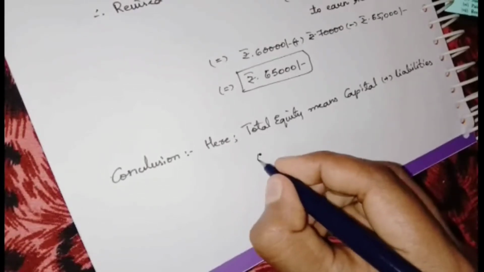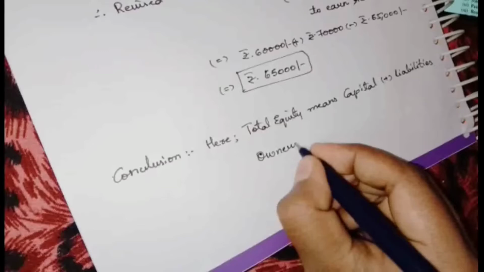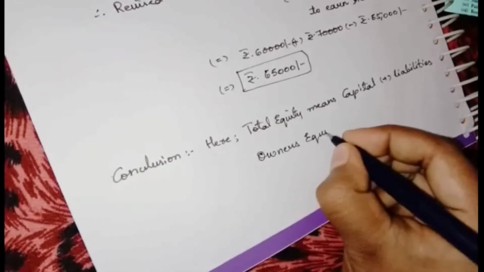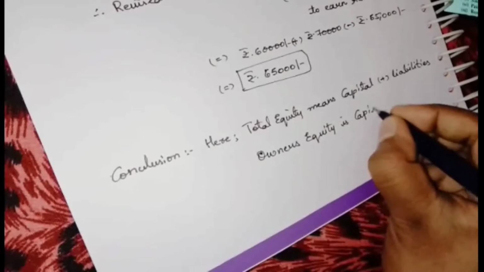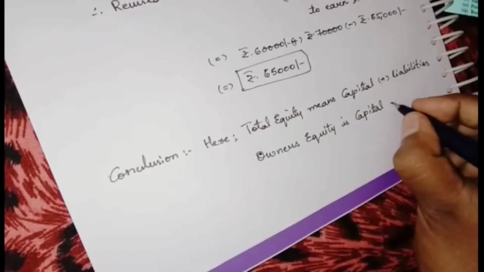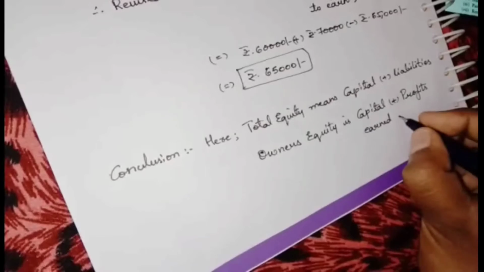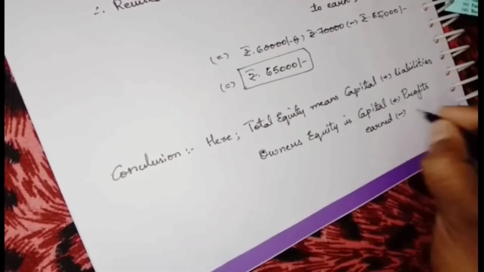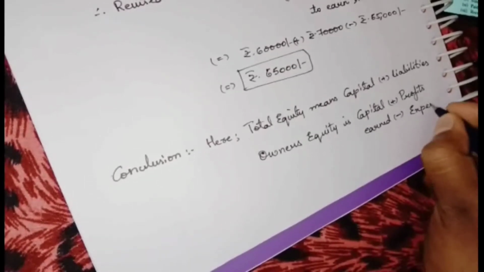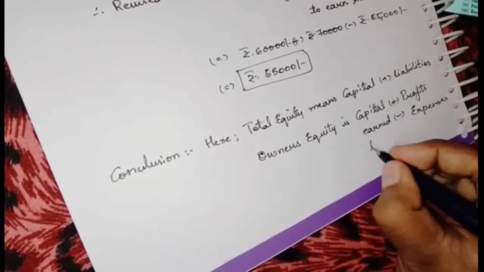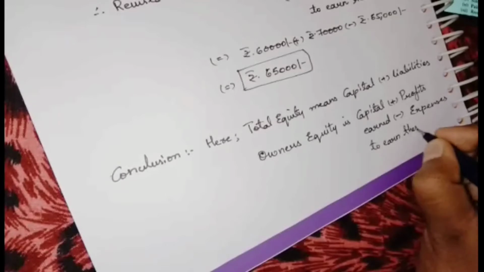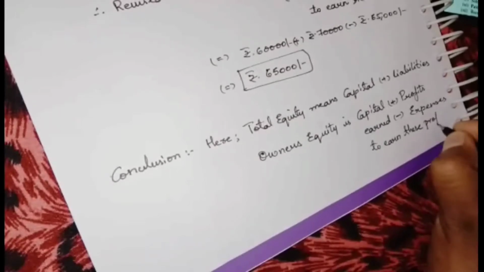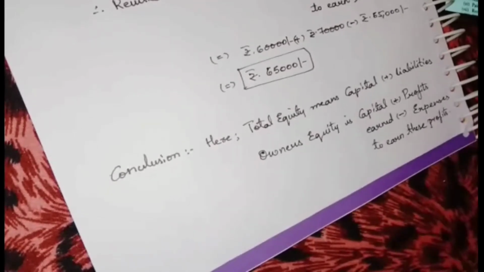And out of this total equity, the owner's equity part, that is the capital part, is equal to capital plus profits earned during the period less expenses to earn these profits. Here is the solution for problem 4.